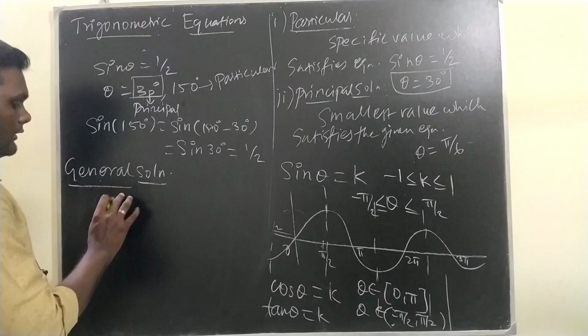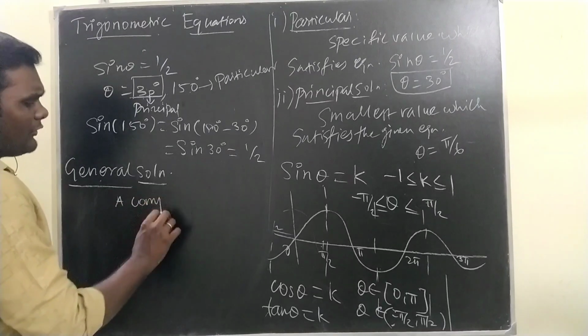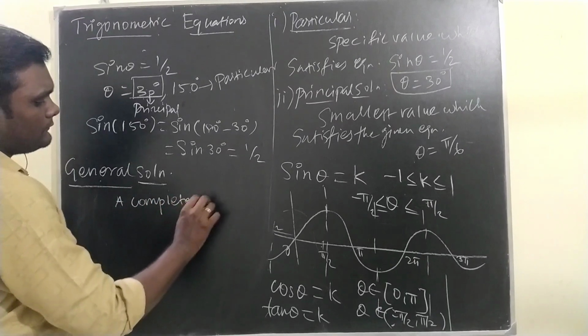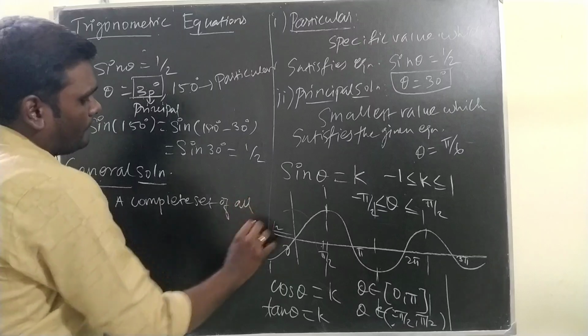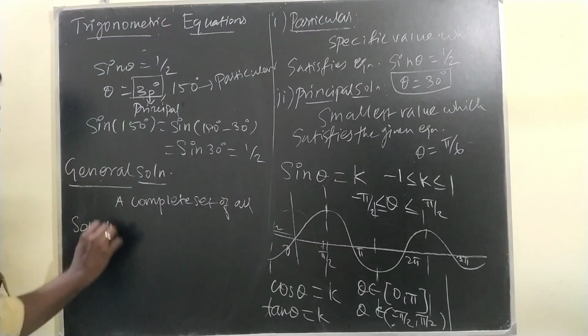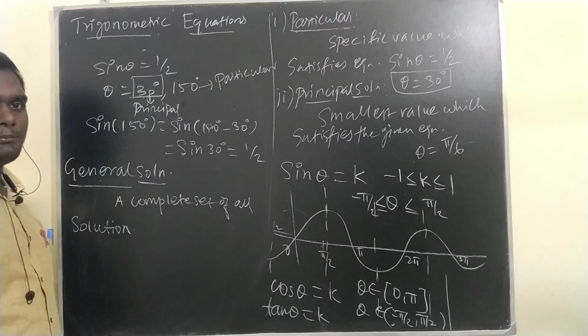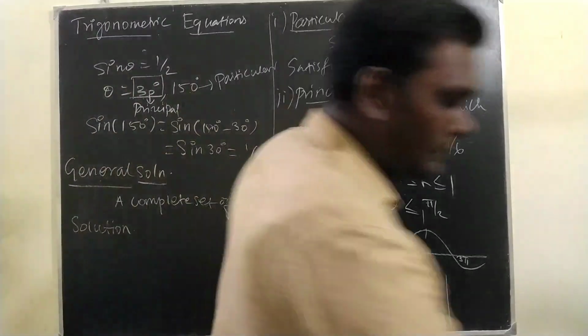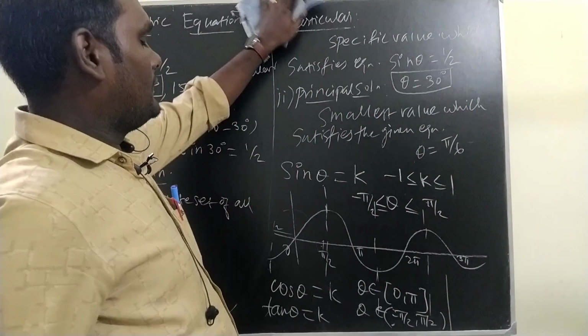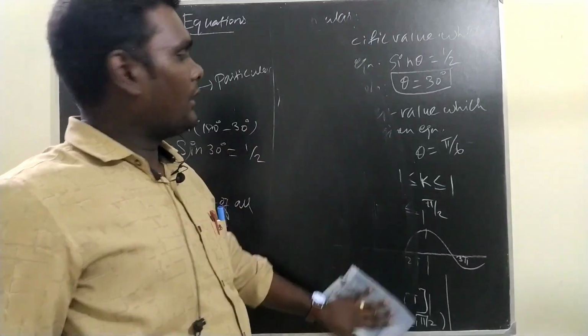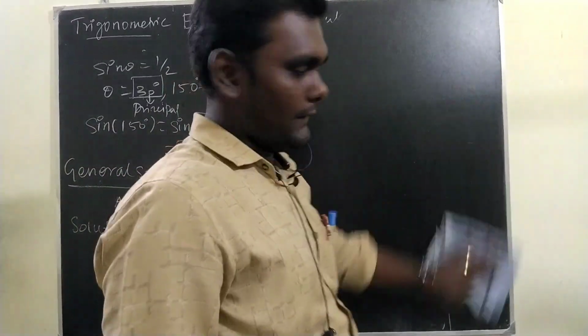General solution means a complete set of all solutions. A complete set of all solutions is called the general solution. There come some general formats. For that, we have to work for the general solution, but I'll give you those as your formulas.